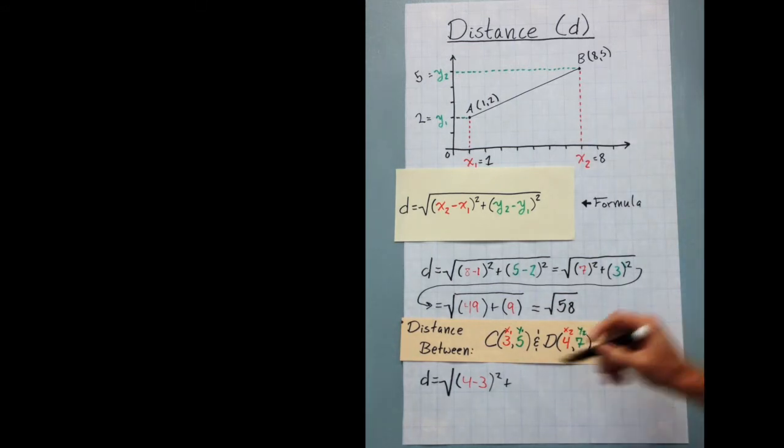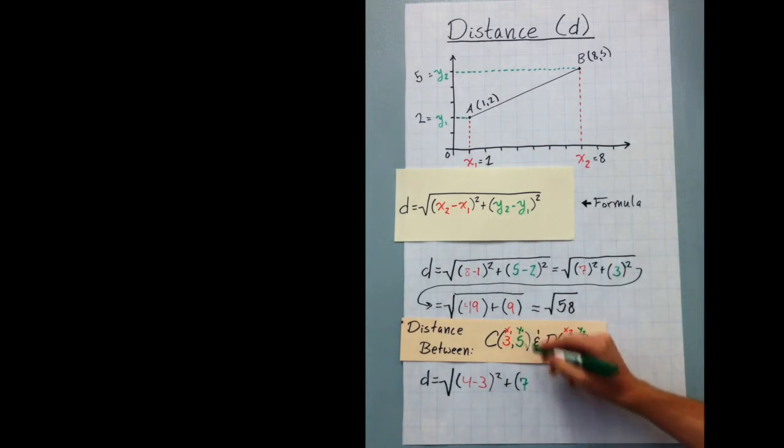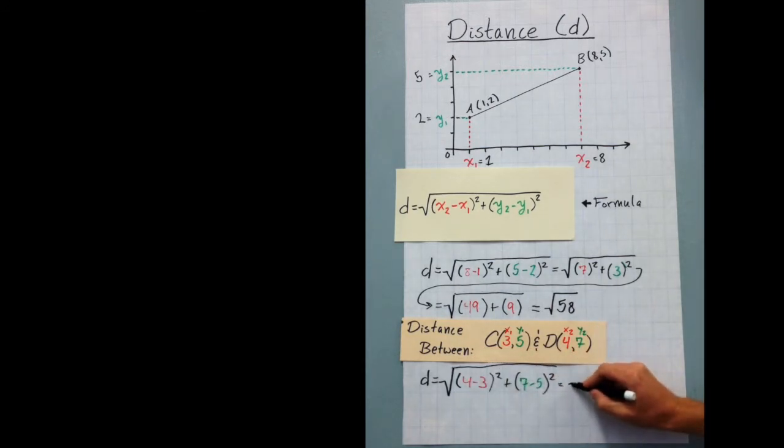So let's go ahead and plug those in. y2 is 7. y1 is 5. Close the parentheses, square it. So what we're left with is the square root of, well, 4 minus 3 is just 1. Close parentheses, square it. And 7 minus 5 is, whoops, let's get to green. It's 2. Close the parentheses, square it.